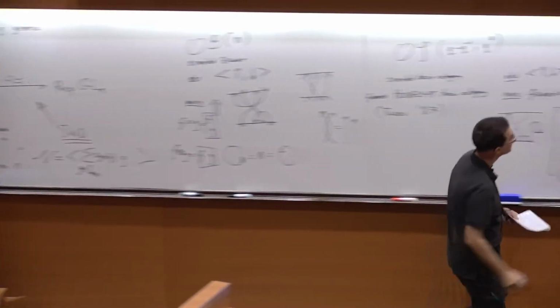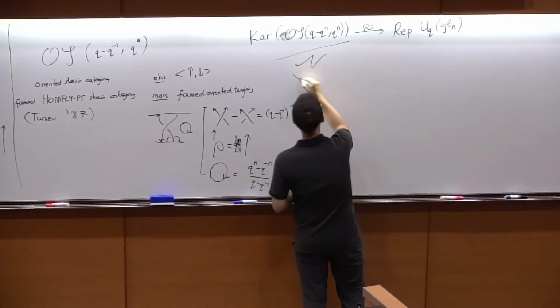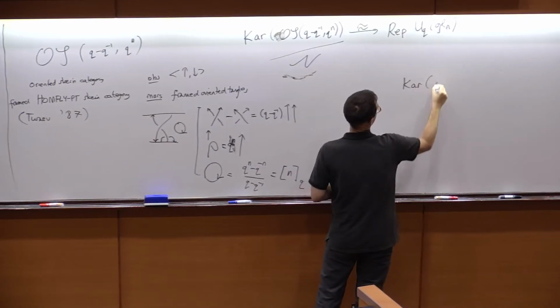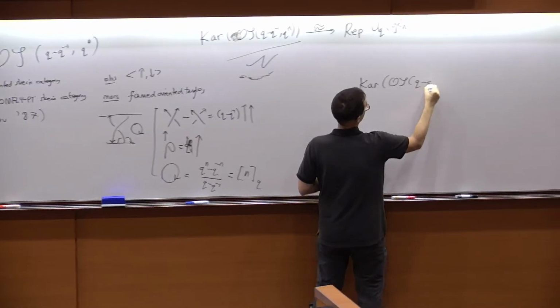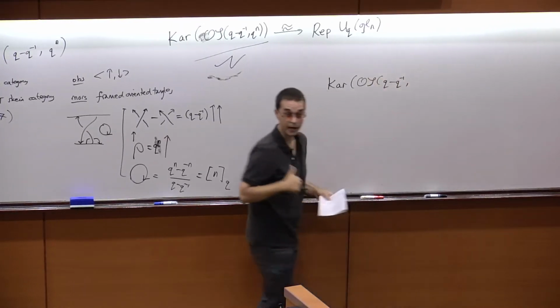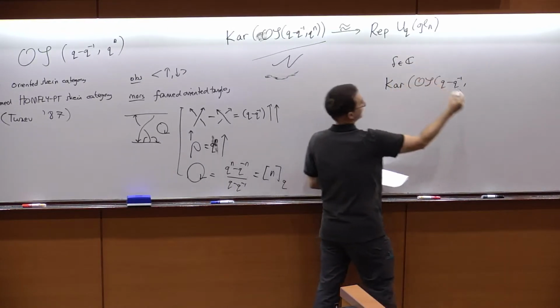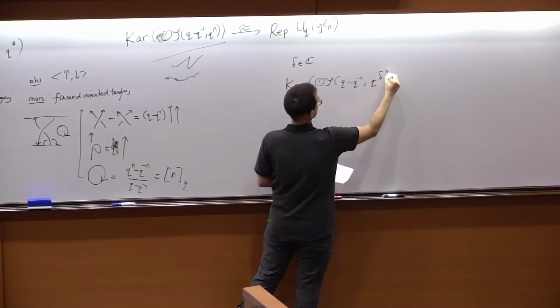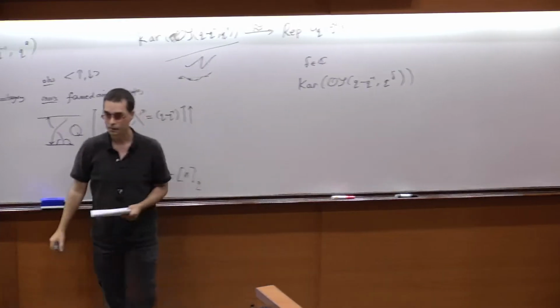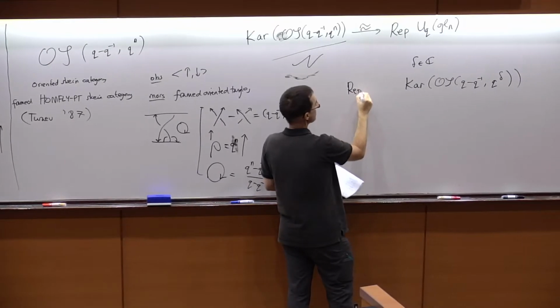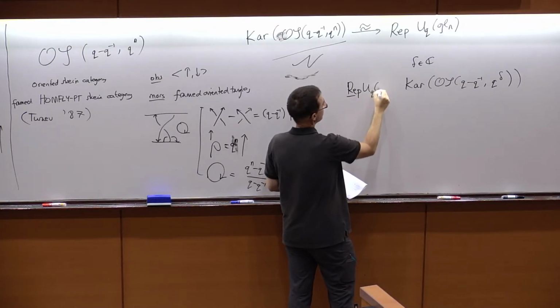So actually, this guy right here. So I put q to the n there, but actually you can take any complex number delta, and you can put q to the power delta in there. And if you take the Karoubi envelope of that, that's called Rep underline U_q GLN.